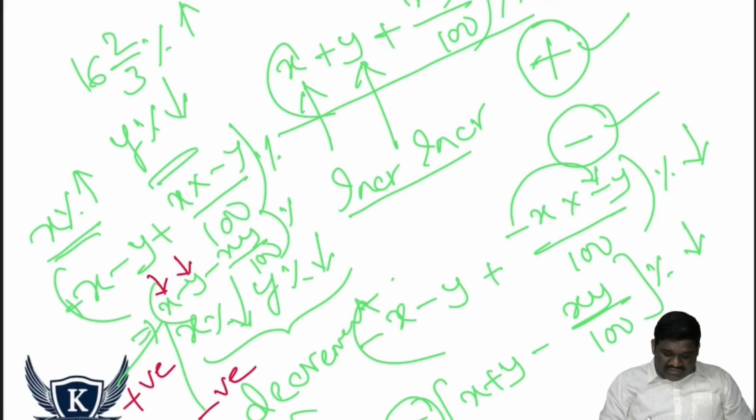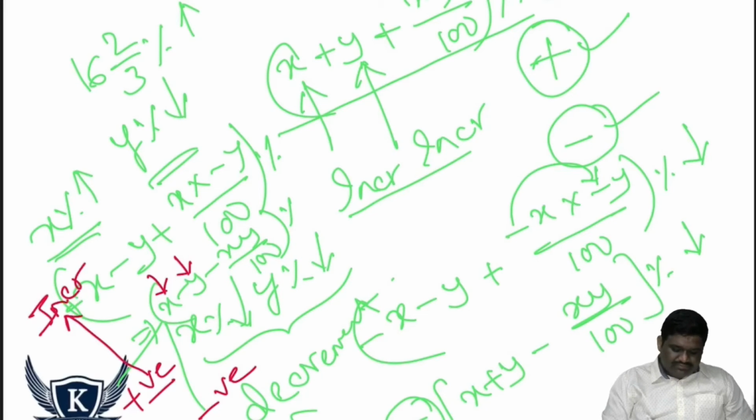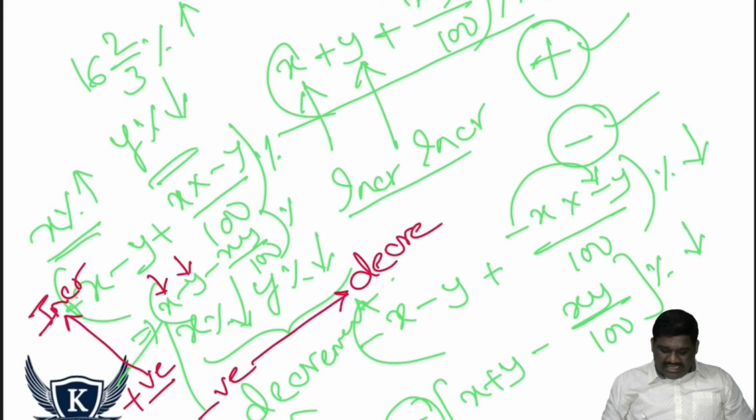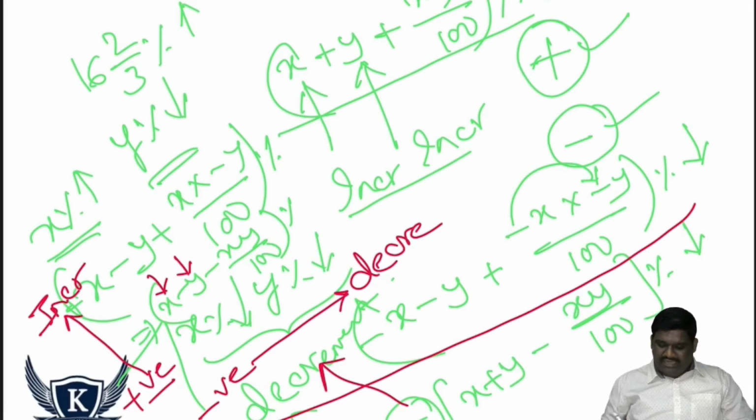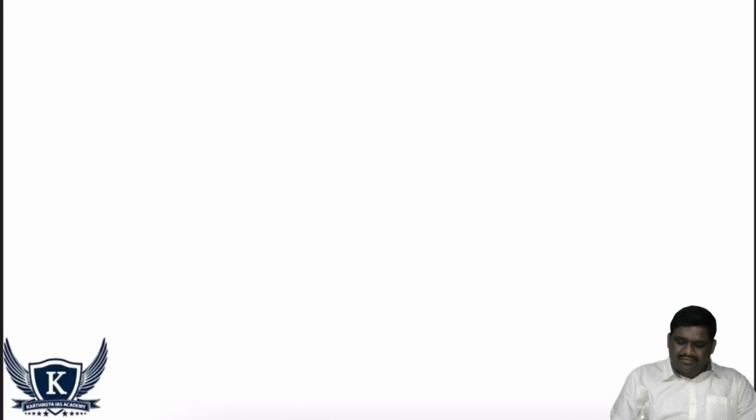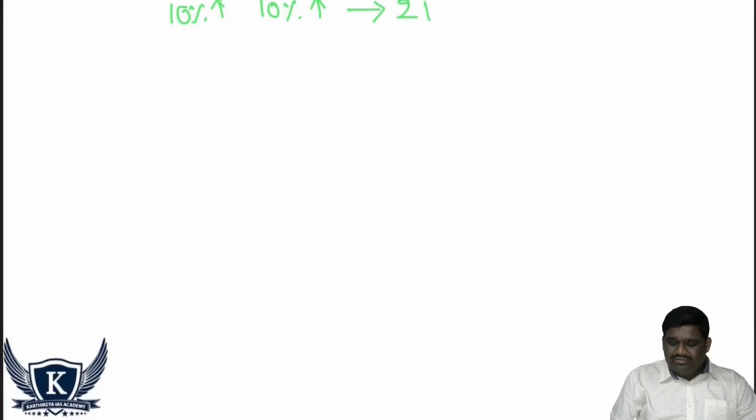If it is positive, it is to be treated as an increment. If it is negative, it is to be treated as a decrement. As I explained earlier, the negative symbol indicates decrement. Same logic I have applied to the fundamental rule. If there are two 10 percent increments, the overall increment is 21 percent.